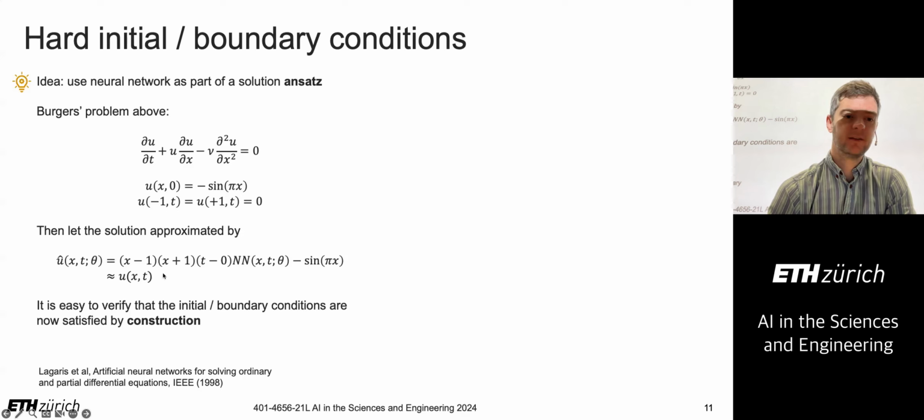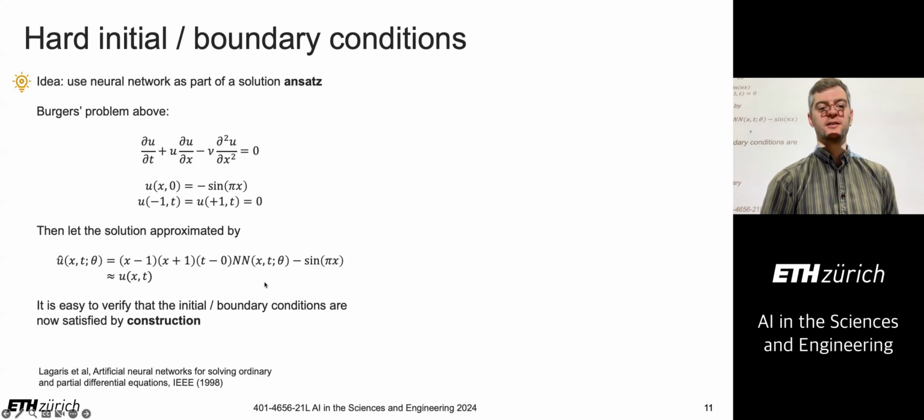So if we just assume that our solution is approximated by this mathematical function, and the neural network is the only learnable or flexible part of that function, what we're doing is we're multiplying the network by t, x plus 1, x minus 1, and then we're subtracting minus sine pi x.